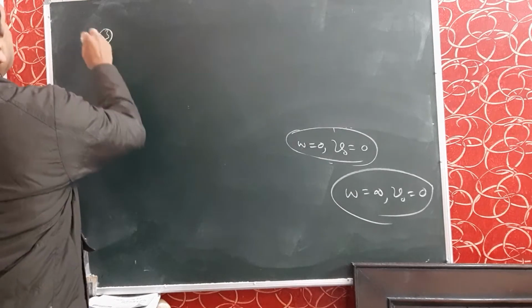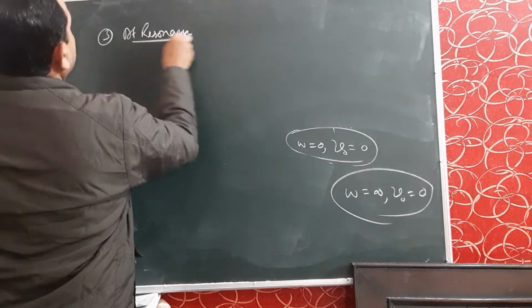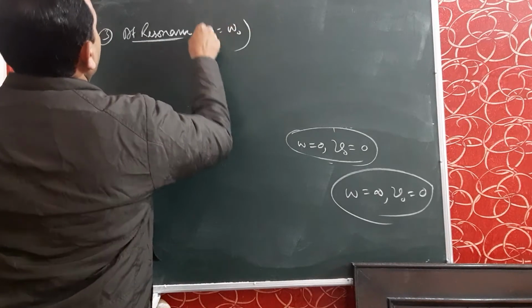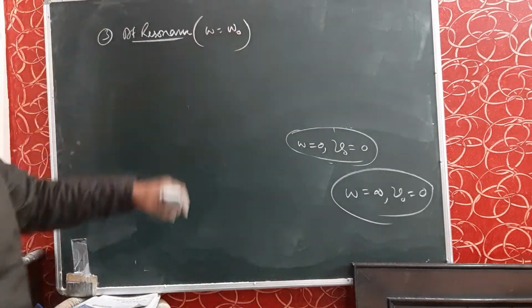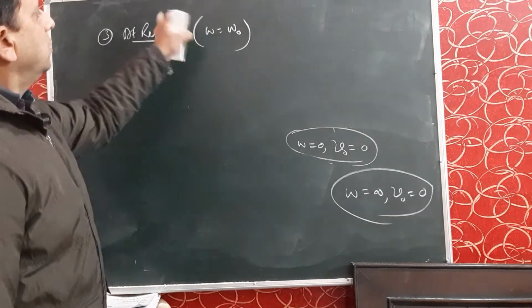So third case, at resonance, that is omega becomes omega naught. So I have used omega naught as a resonance frequency in case of velocity, but in case of amplitude it was not omega naught. In case of velocity you may remember omega is equal to omega naught, meaning the frequency of the undamped oscillator is the resonance frequency.